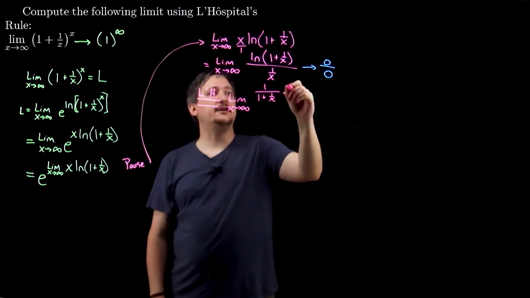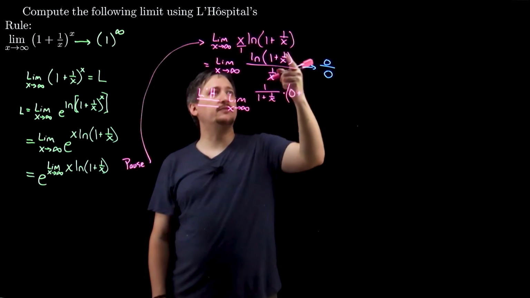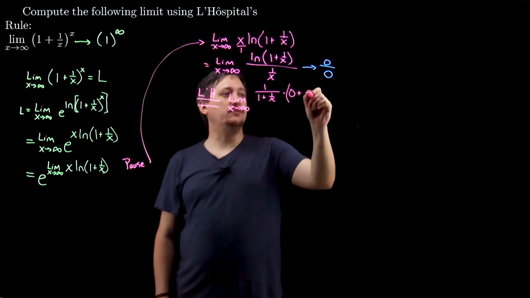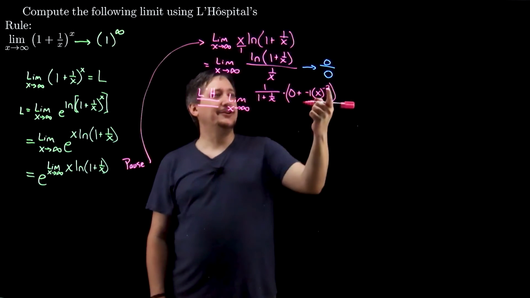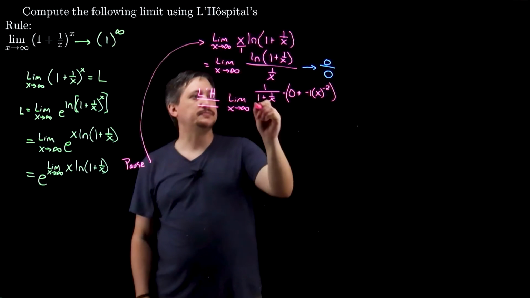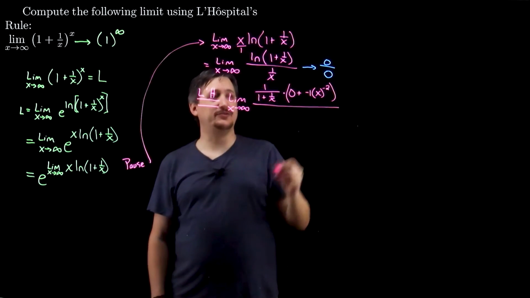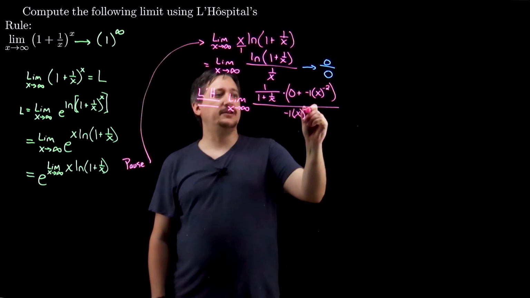So that's going to be times, derivative of 1 is 0, and derivative of 1 over x, which is x to the minus 1, is going to be negative 1 times x to the minus 2. That's dropping the minus 1 in front and subtracting 1 from the exponent, all over the derivative of the bottom. And this is x to the minus 1, so that's going to be minus 1 times x to the minus 2.